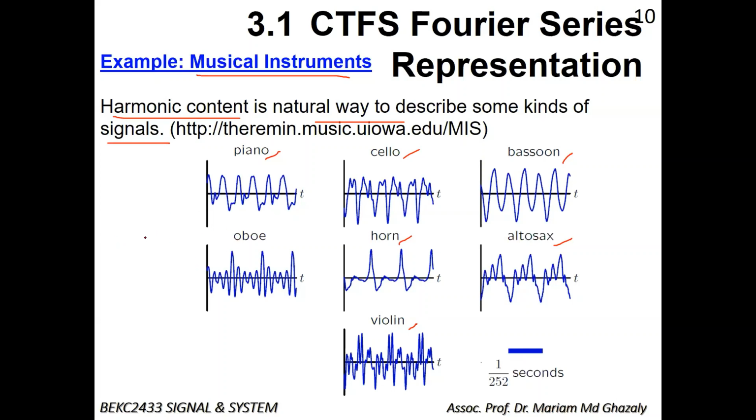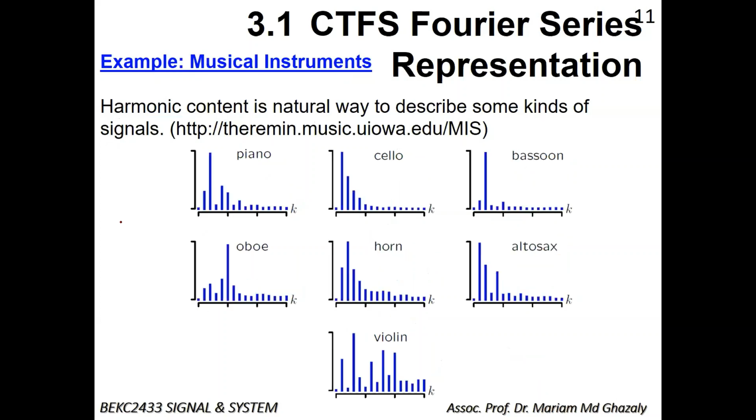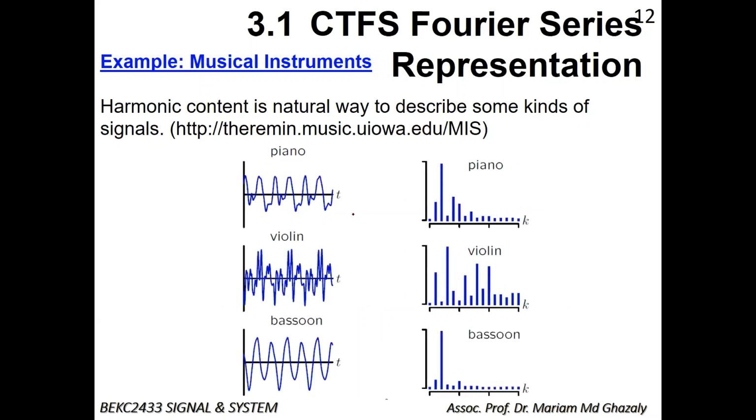This slide will show you the representation of the harmonics for each waveform. Here you have the harmonics for the piano: the DC term, the fundamental frequency, the first harmonic, second harmonic, and so on. The violin is indicated by this Fourier series, and the bassoon is indicated by this Fourier series.